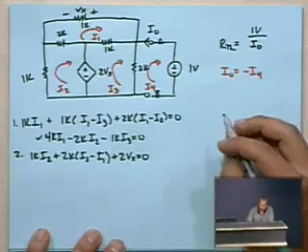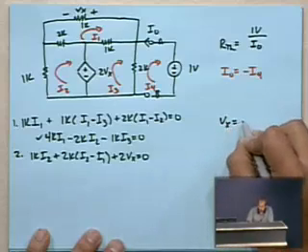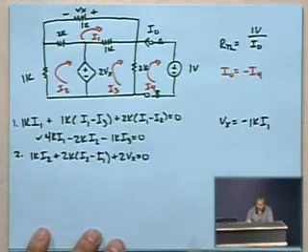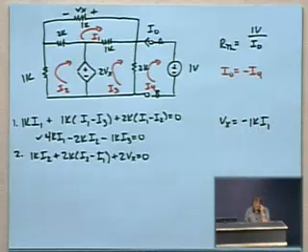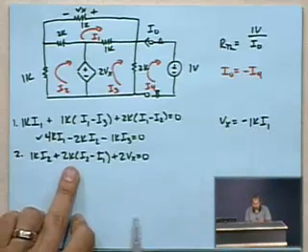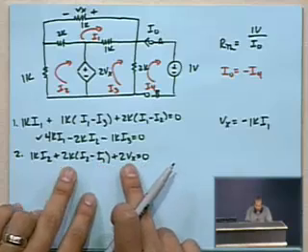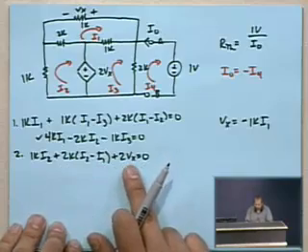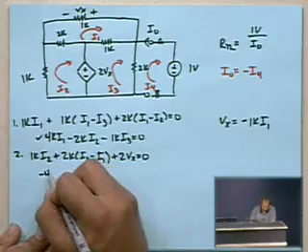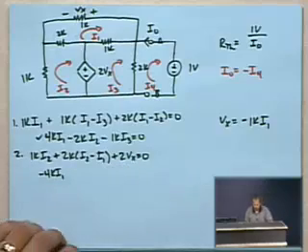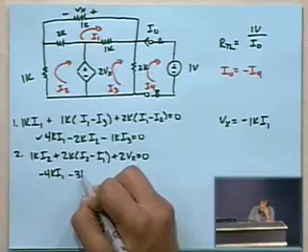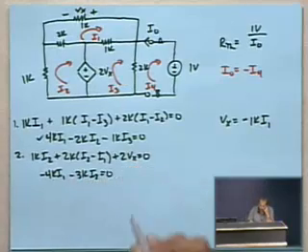So Vx equals negative 1K times I1. Substituting, we've got a negative 2K I1 here, and 2Vx would be another negative 2K I1, so a total of negative 4K I1. And then we've got 3K times I2, and that equals 0.